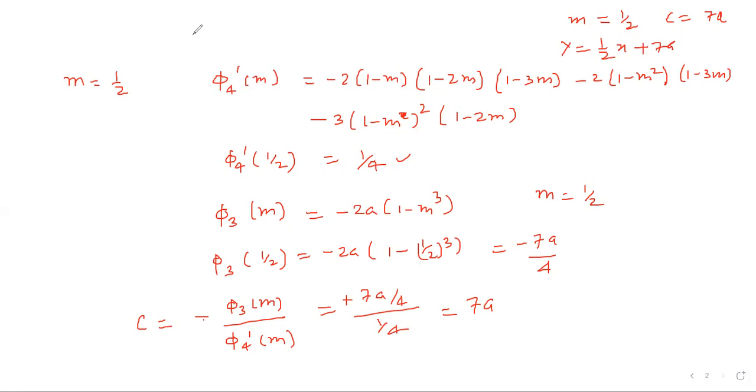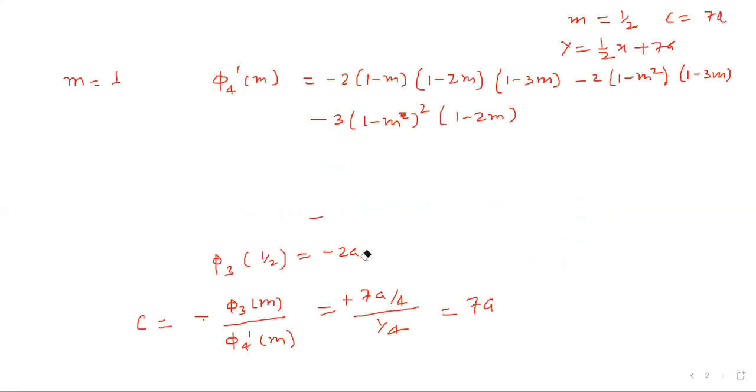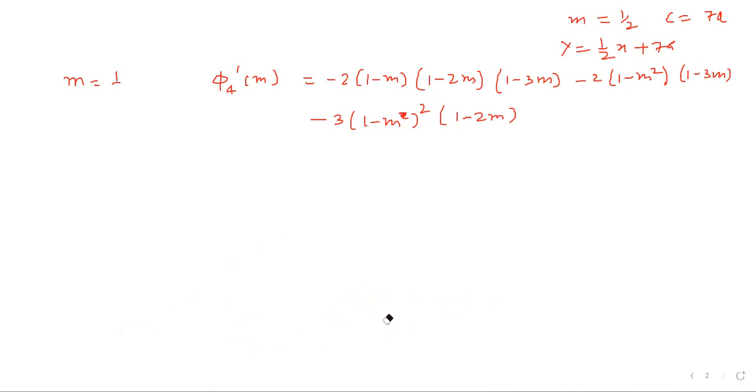So let's evaluate the same thing. So let's write m equal to 1 by 3. So we have to find out phi 4 dash 1 by 3.